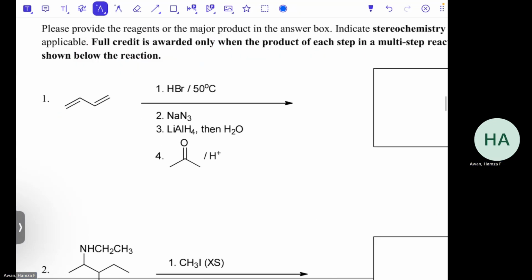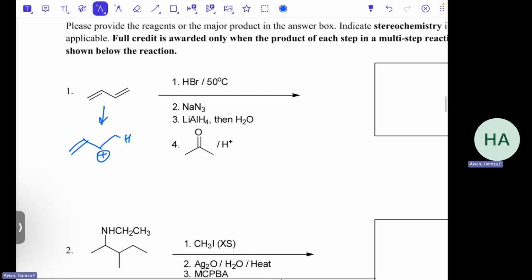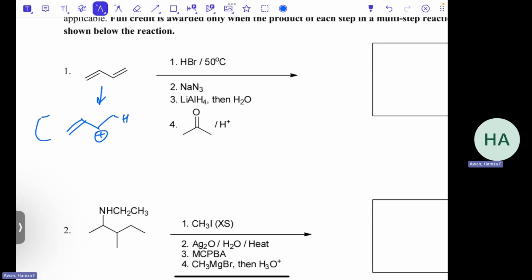So whenever we would do this, we would have the transition state of something like this. We would have a positive charge on this, and then we would have the hydrogen attached to this in a Markovnikov addition. So because of that, we actually have two resonance structures. We have this resonance structure, and then we can also resonate it like this, with this positive charge at the terminal position.